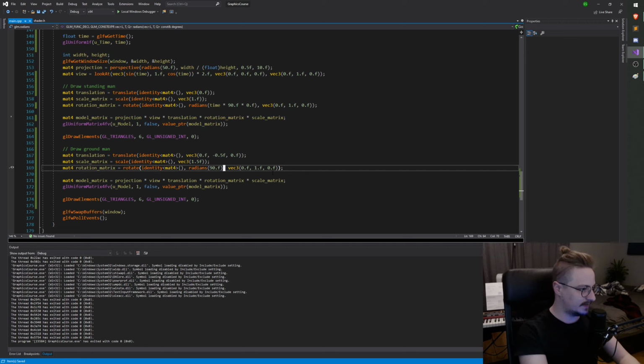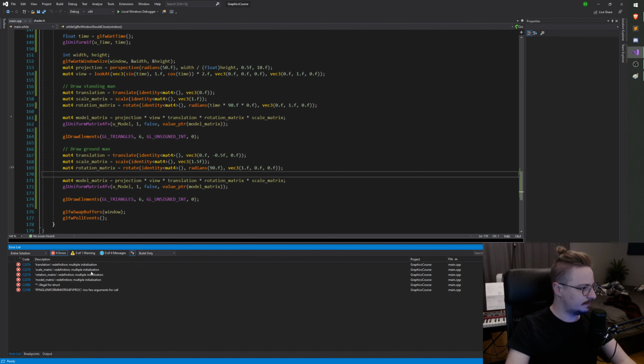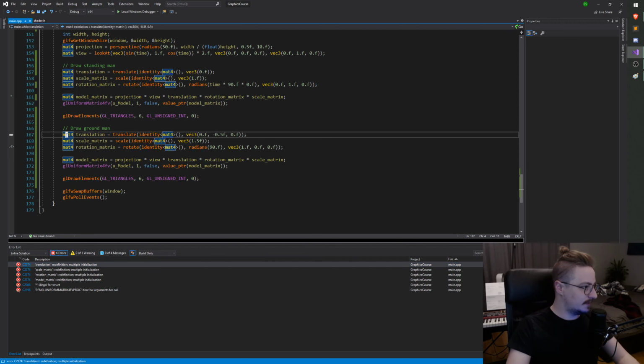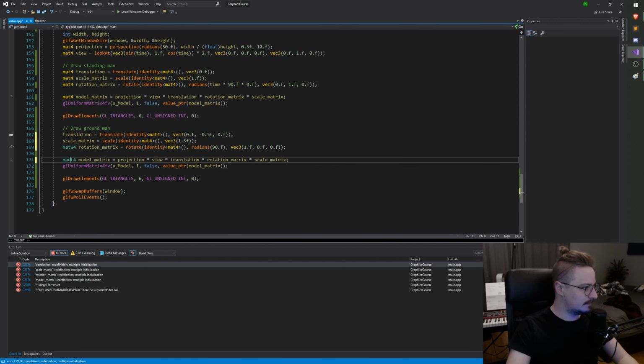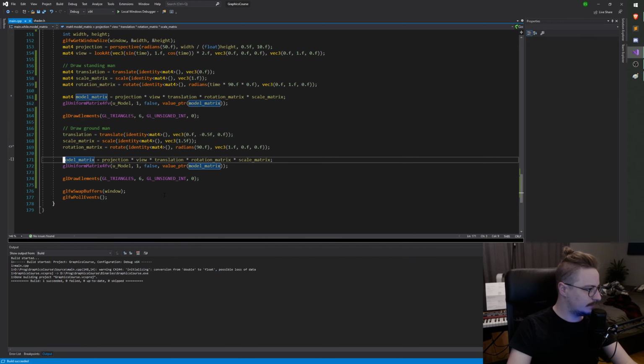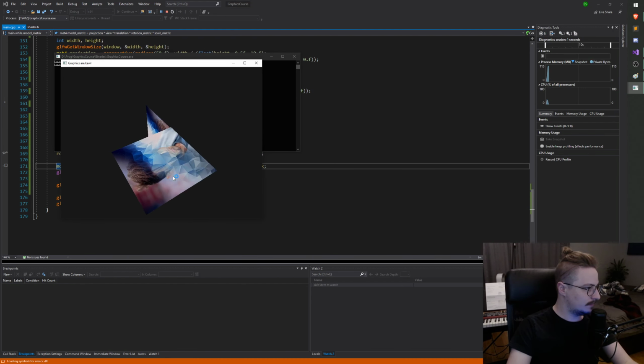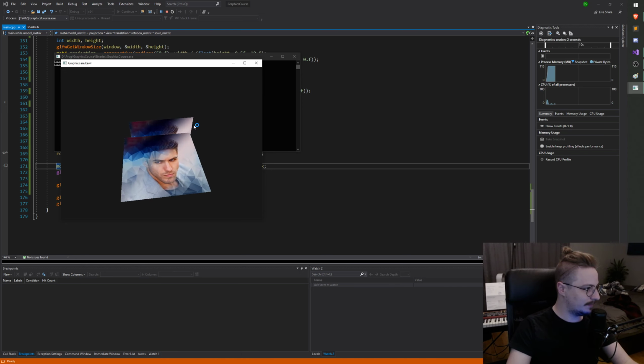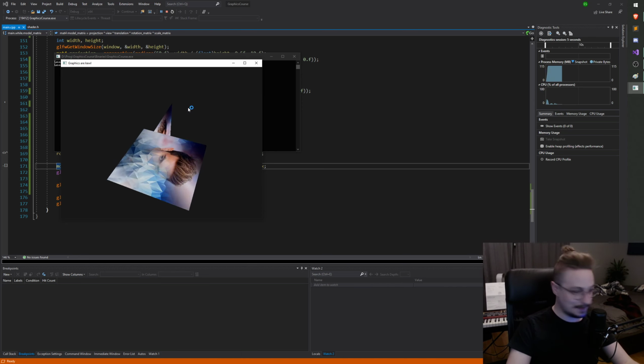So I'm going to use radians for 90 degrees, and then I'm going to rotate around, not the Y-axis, let's do the X-axis. Yeah, that'll be fine. And then let's see what happens. Oh, whoops, let's get rid of this. Uh-oh.